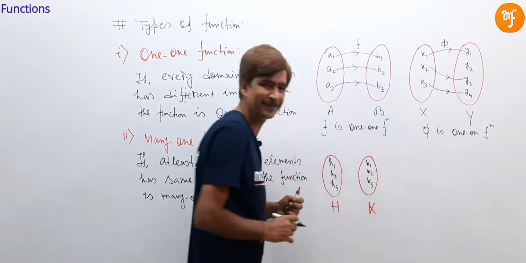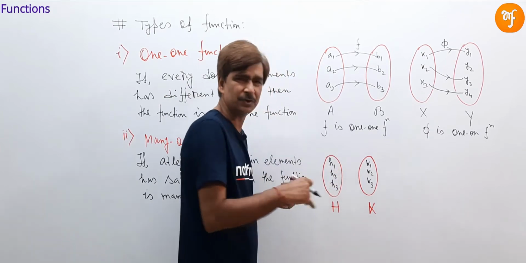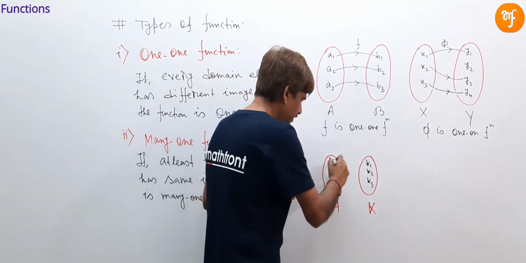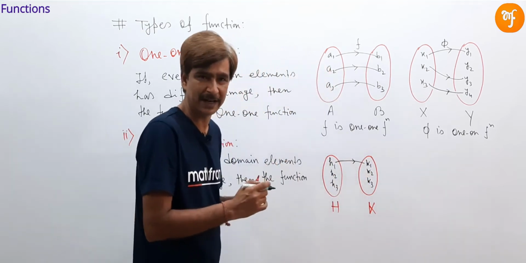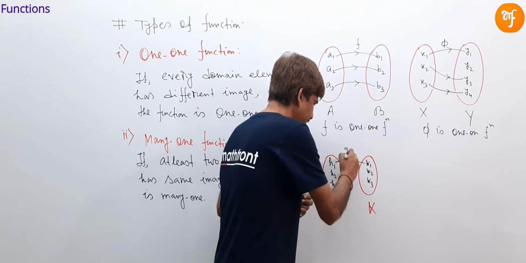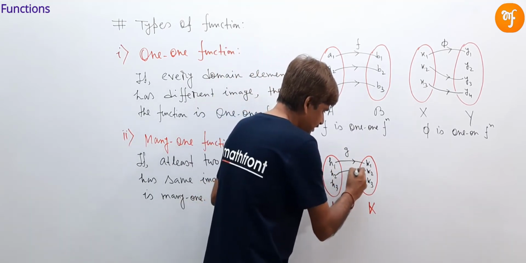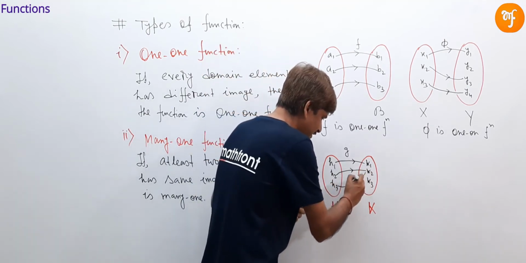Okay. So suppose G is the relation, H1 has G image K1, that is K1 is equal to G of H1. H2 has G image K2 and H3 has also G image K2.